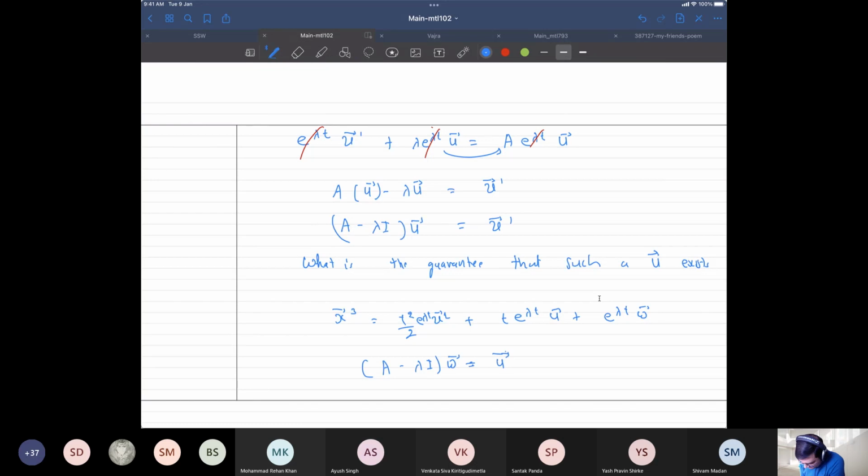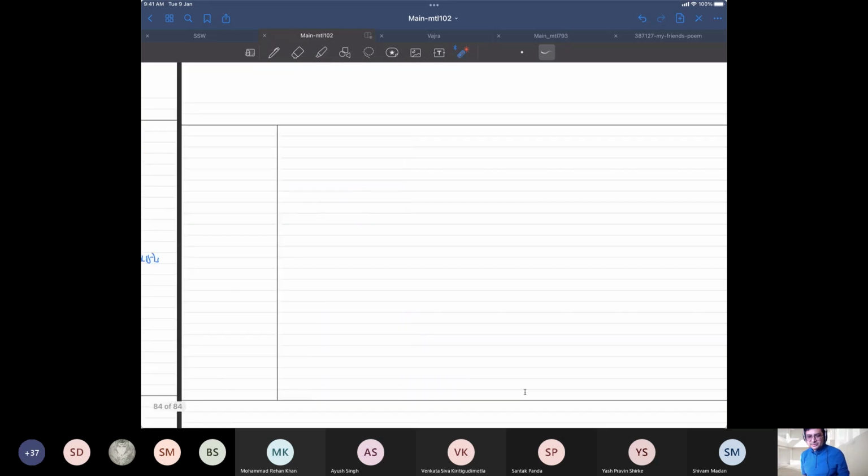Okay, so this is just to recall what you did. Now we'll try to understand why such a u or w exists, what is their relation with v1, and so on and so forth. Okay, any questions so far?